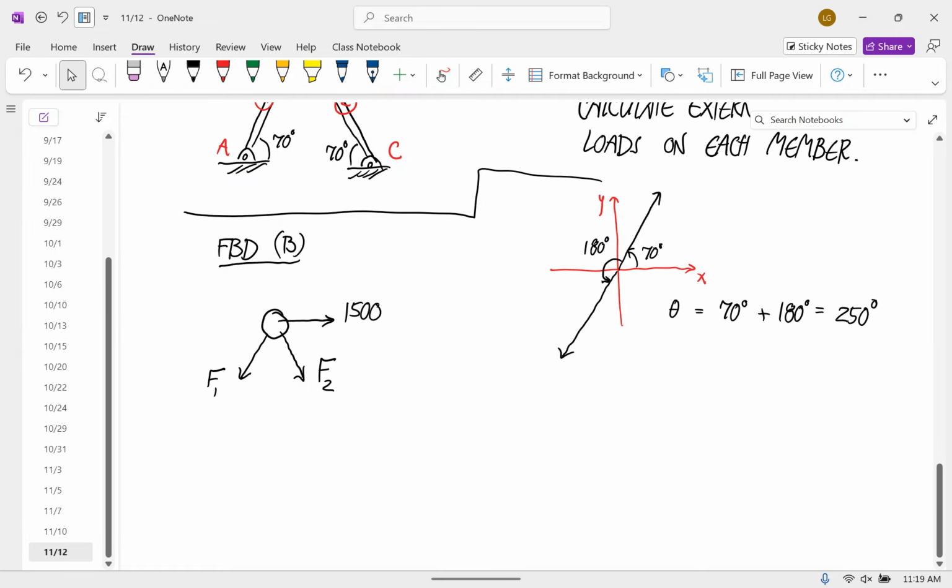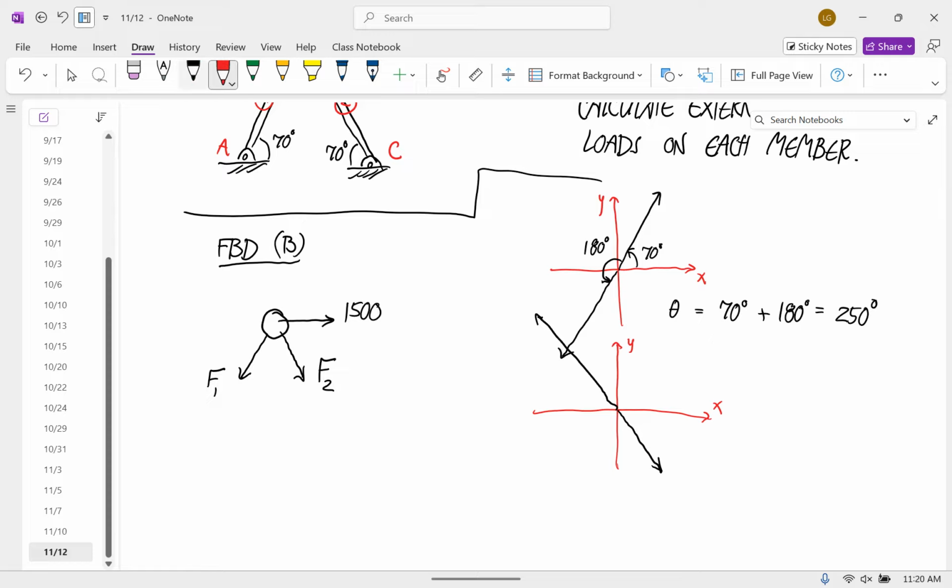For the second one, we know that this angle is 70 from that 180 line, and then we want the vector that's 180 from that.